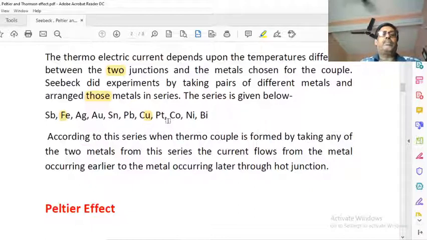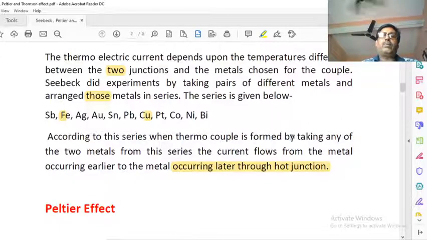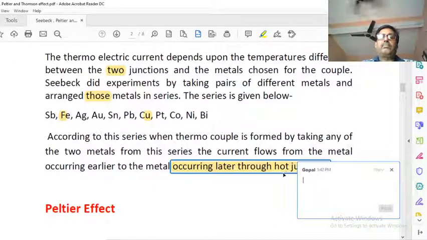But in some textbooks you will see the series starts from bismuth and ends at antimony. Then in that case, what I have written here, that according to this series, when a thermocouple is formed by taking any two metals from the series, the current flows from the metal occurring earlier to the metal occurring later through the hot junction, this is wrong. So correct it.